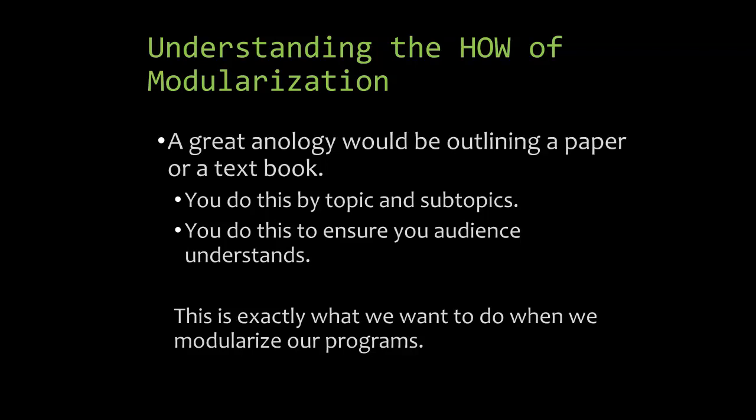And why do we do this? Well, we do this to ensure our audience understands. And that's exactly what we're doing now as we're writing our programs. If we're going to have to write 2,000 to 3,000 line programs, we should break this thing up so the next person can easily understand what is being done. And so you write it as such, like you were writing a paper or, like I said, a textbook, okay?